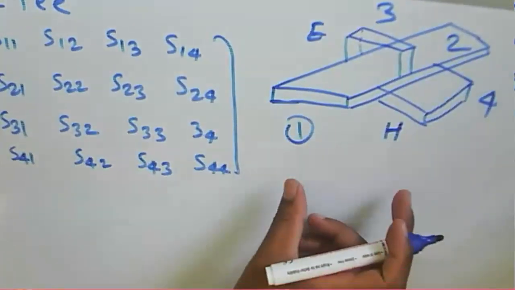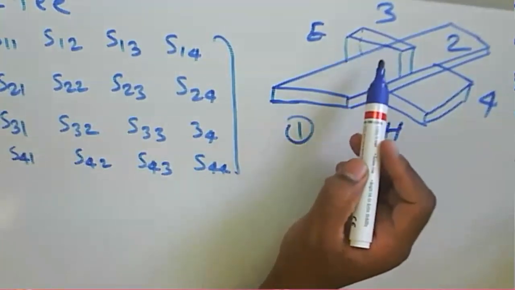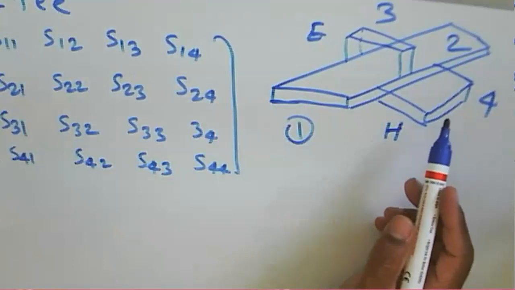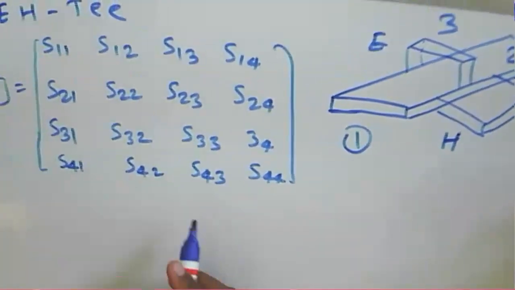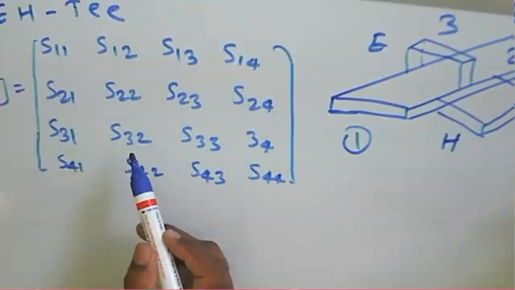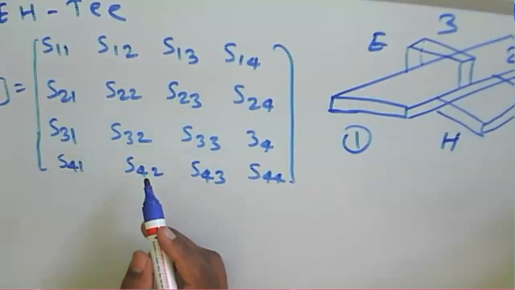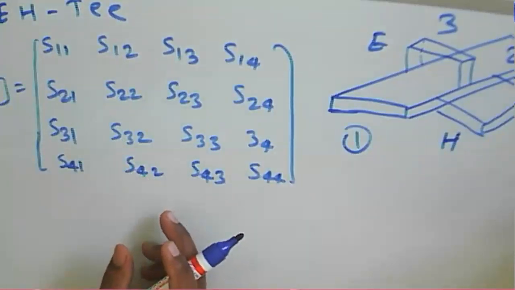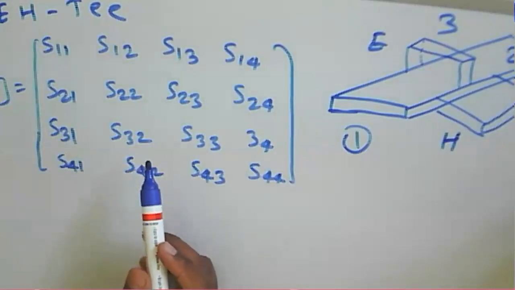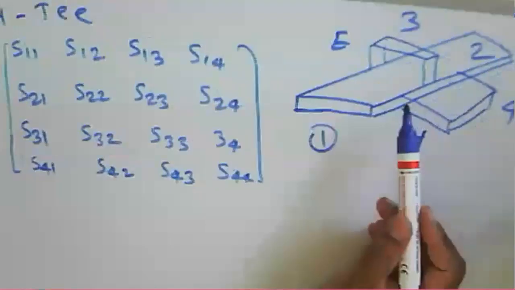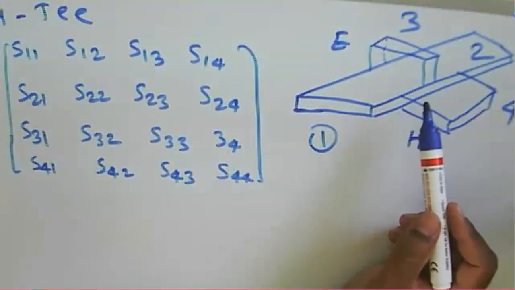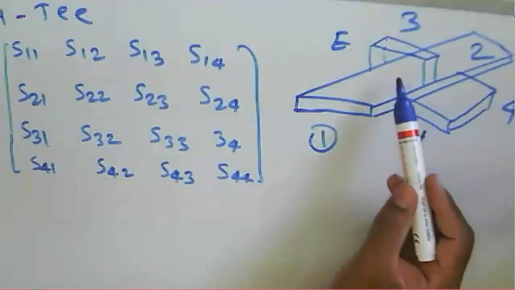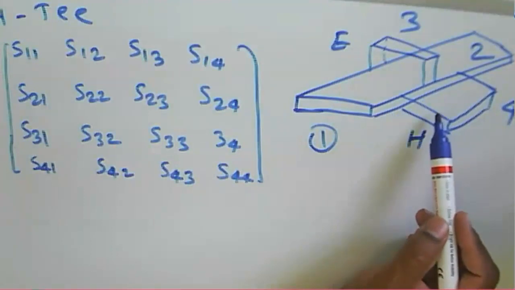Now you remember always that the E arm is port 3 and the H arm is port 4. Now we need to find out the matrix components for this magic T. As we said earlier, for the collinear arms port 1 and port 2, if we provide the input, the output is divided in the E arm and H arm.